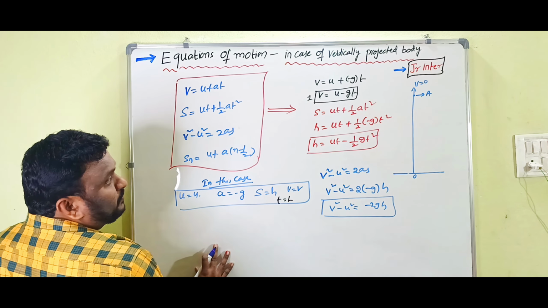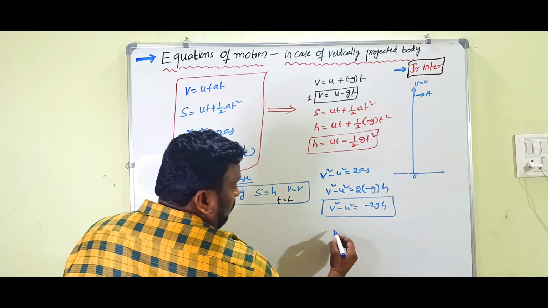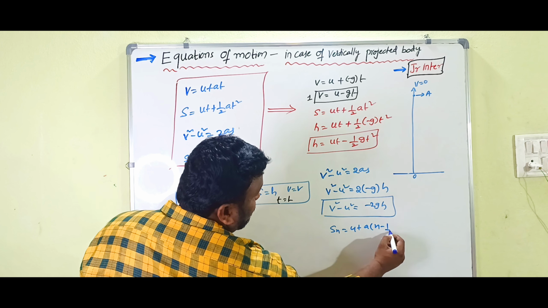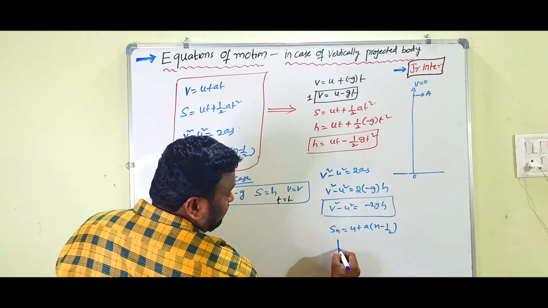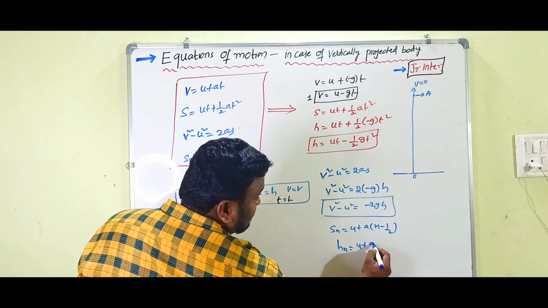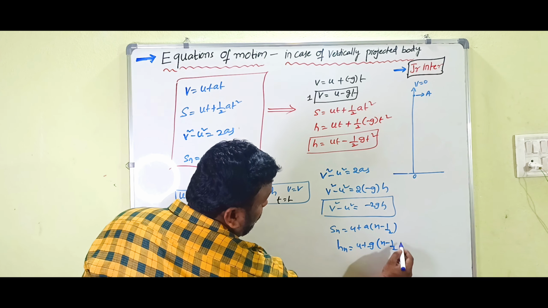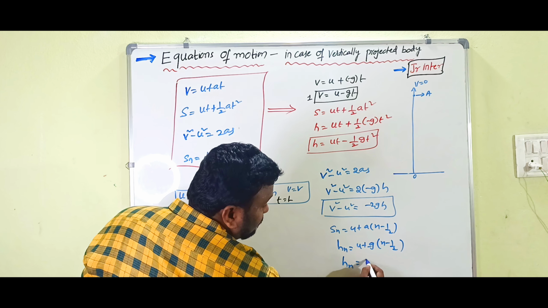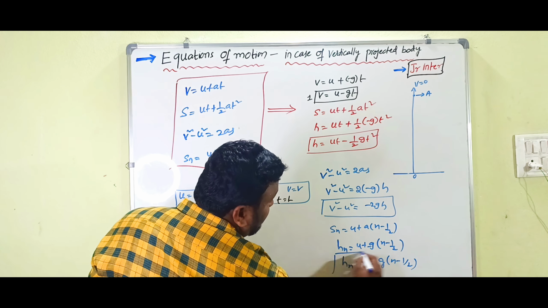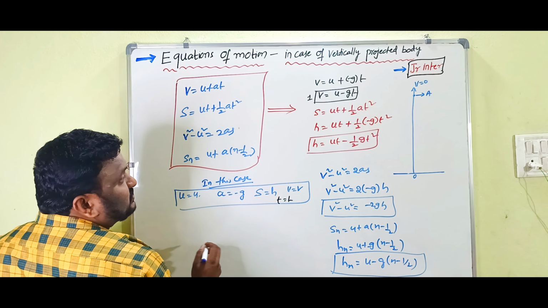This is the third one. And now finally, what do you know? s_n th is equals to u plus half a into (2n minus 1). So here s is nothing but h_n, so h_n is equals to u plus half of minus g into (2n minus 1). Then what do you get? h_n is equals to u minus g/2 (2n minus 1). So these are the four equations you have to remember, children.